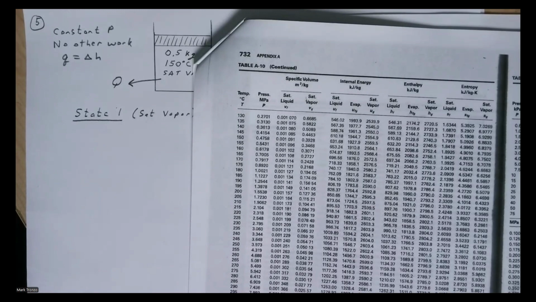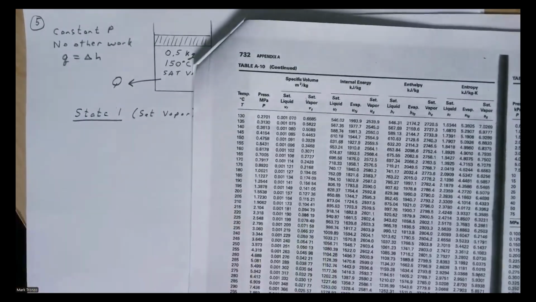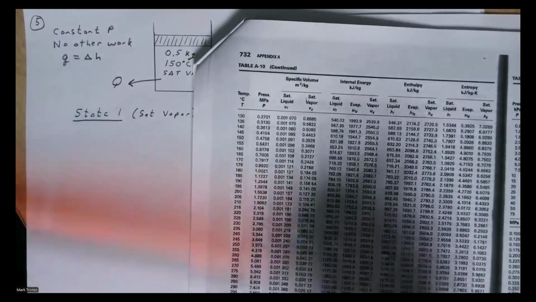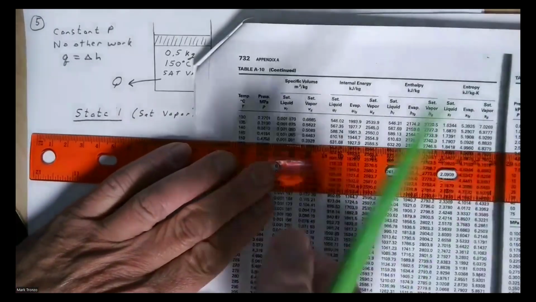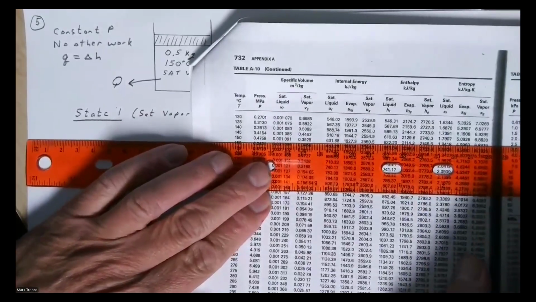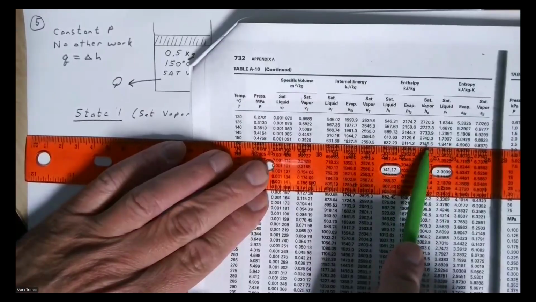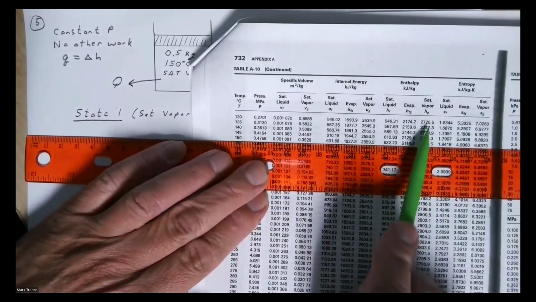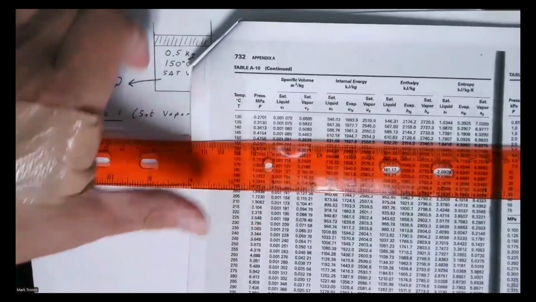And that's actually maybe the only thing we're going to need in this case. So let's look across the row. 150 degrees. So we're starting out as a saturated vapor. So that's going to be this value over here under Hg. So it'd be 2746.5.